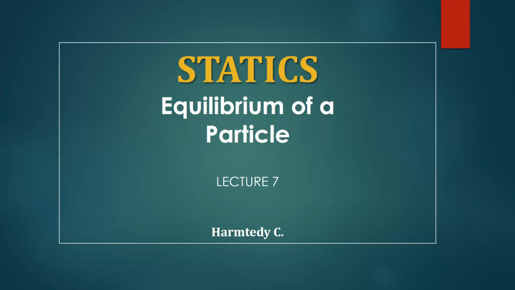Last time when we met, we were discussing equilibrium of particles in 2D, two dimensions. Today we're going to have three dimensions, meaning we're going to have the X, Y, and Z axis. Apart from that, we'll also have the IJK notation for the Cartesian notation of the position of the particle. All right, so let's quickly begin.